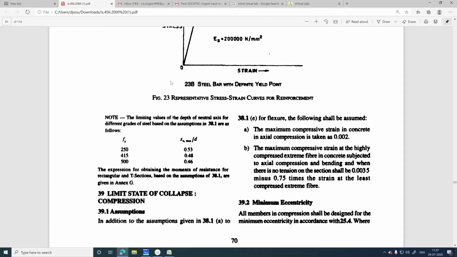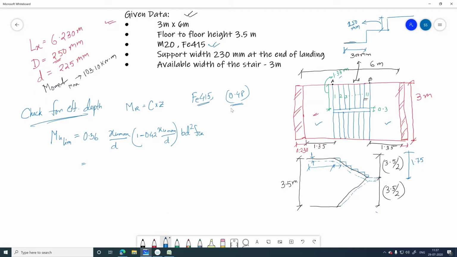Here you can see these are the values, the xu max by D value for the respective value of fy. So here in our case the fy value is 415, so that is why we have taken the xu max by D, that is 0.48. Okay, so you just put the value of 0.48 here. Here it is also 0.48.